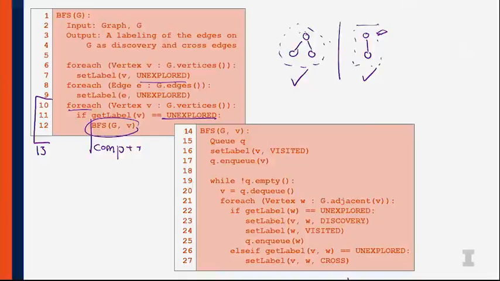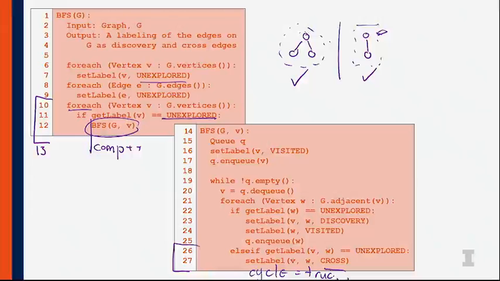So does this algorithm detect cycles? Absolutely yes. How do we update our code? Well, let's see exactly where we look at cross edges. Here we see that in lines 26 to 27, a cross edge is labeled. So if we simply say cycle is equal to true, we're marking the fact that a cycle has been detected in our graph.